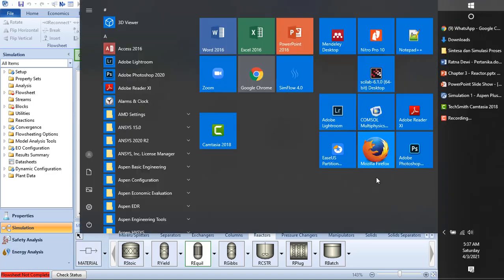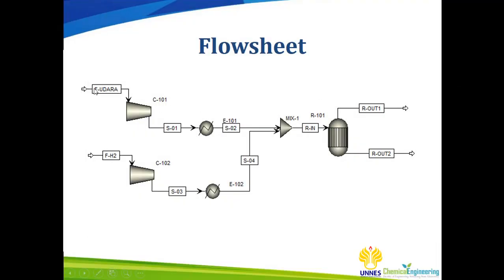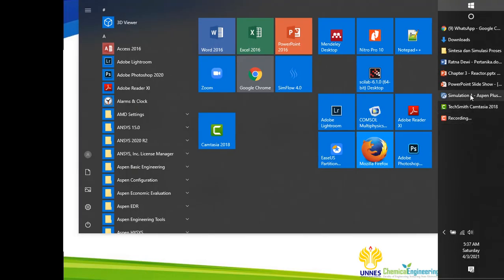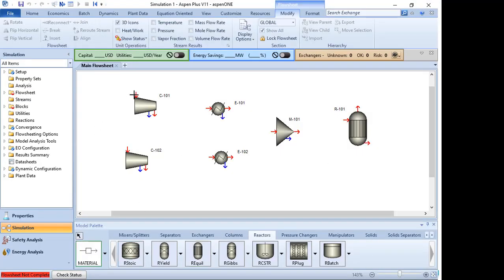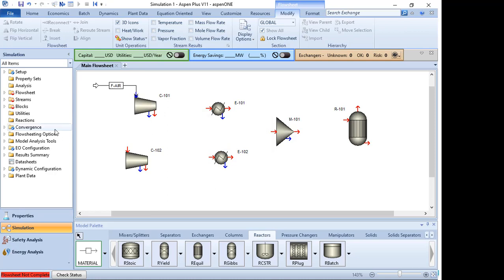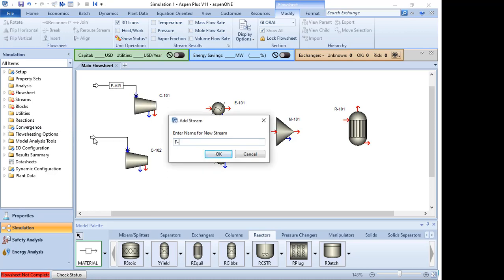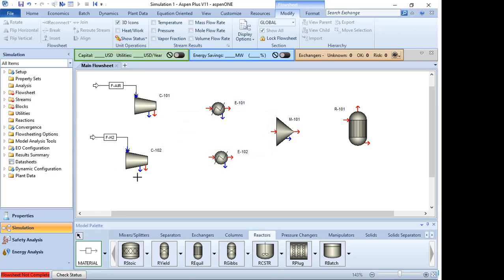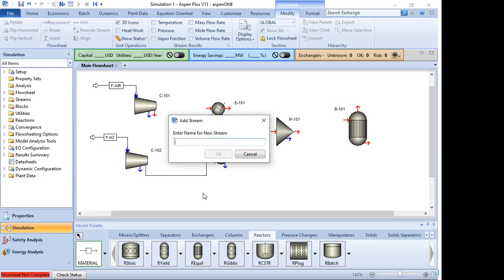And then for the stream names, udara means air. This one is the hydrogen, and the outlet is like this. I'm going to use this one, air, and then this one is for the flow of the hydrogen, and then connect the outlet of the compressor to the exchanger.